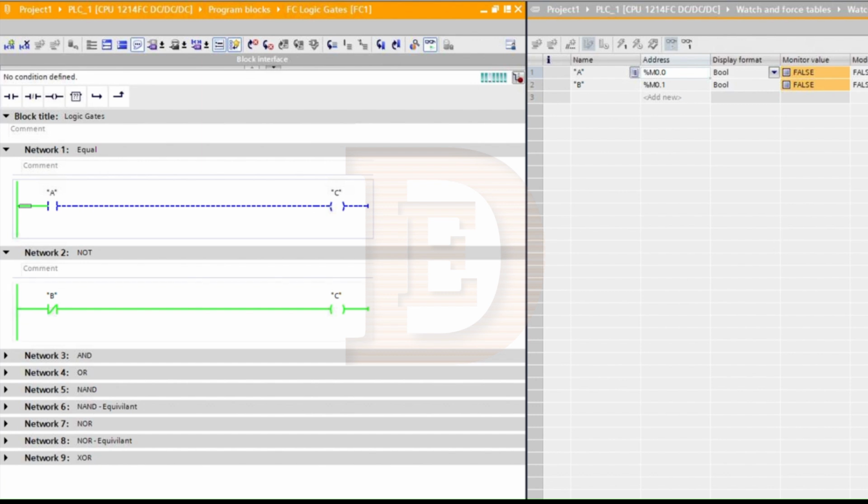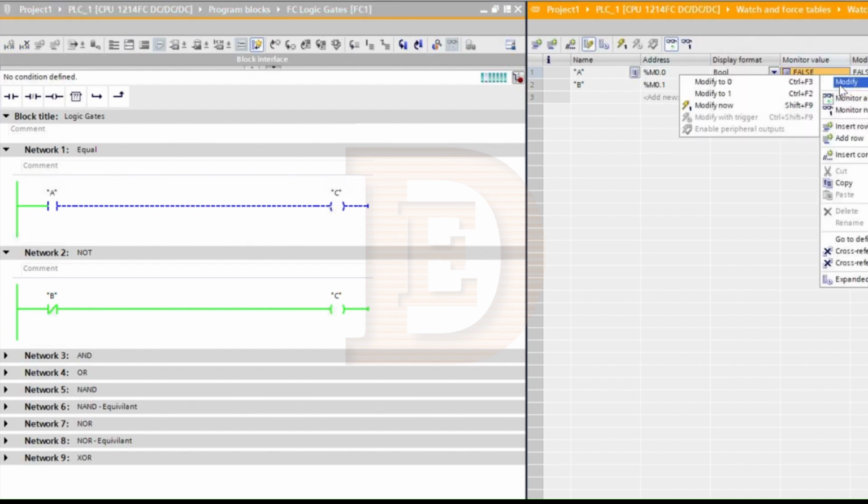So here we're saying that C equals A. As A is false, there is no signal traveling through to turn C on.